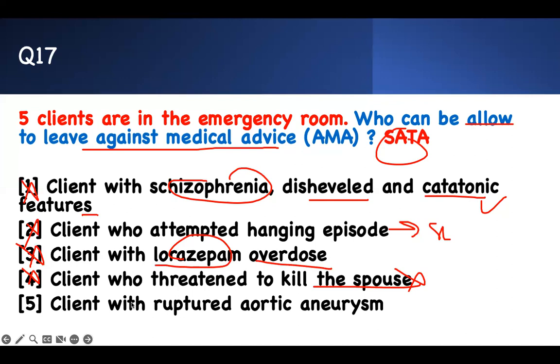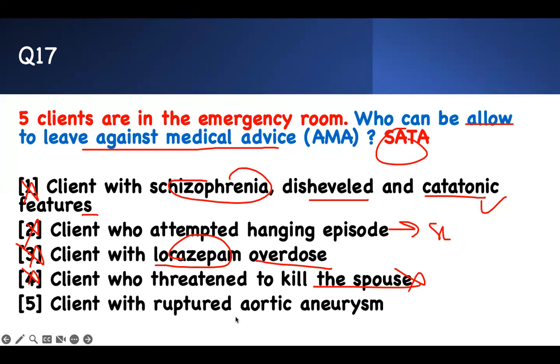Client with what? Ruptured aortic aneurysm, right? There's no drug, there's nothing. I intentionally left out the competent, but all of them are competent, right? All of them. I left it that way to make it vague as much as possible, but straightforward. This is what I give you. You cannot overthink it. So client with ruptured aortic aneurysm.